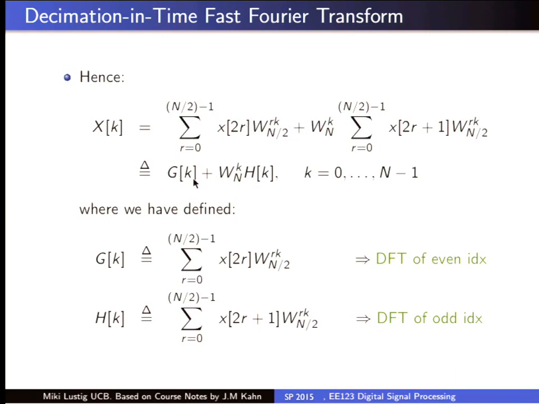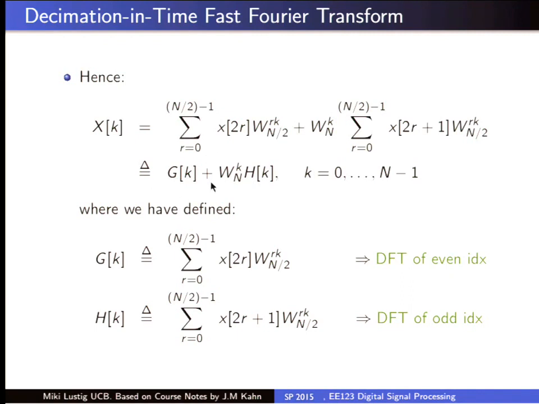G of k is for the even ones. This is an n over 2 length DFT of the odd sequences, and we have this factor that we have to multiply it with. And this is true for k equals 0 till n minus 1. Okay? Not till n over 2, till n minus 1.